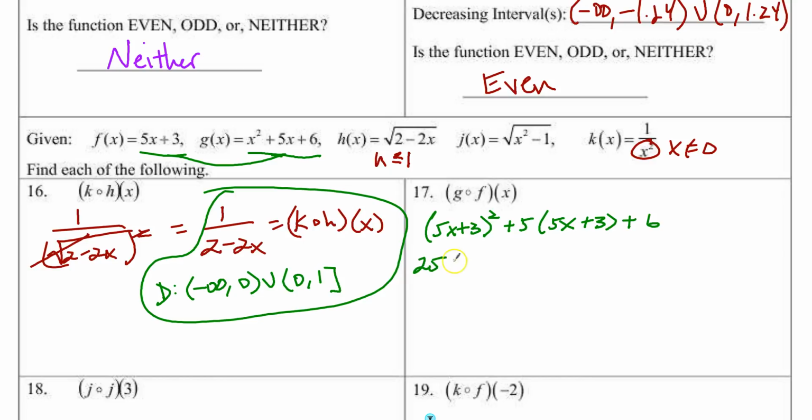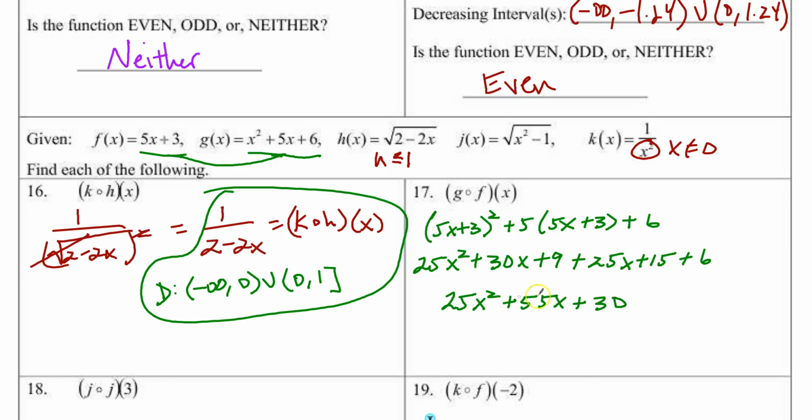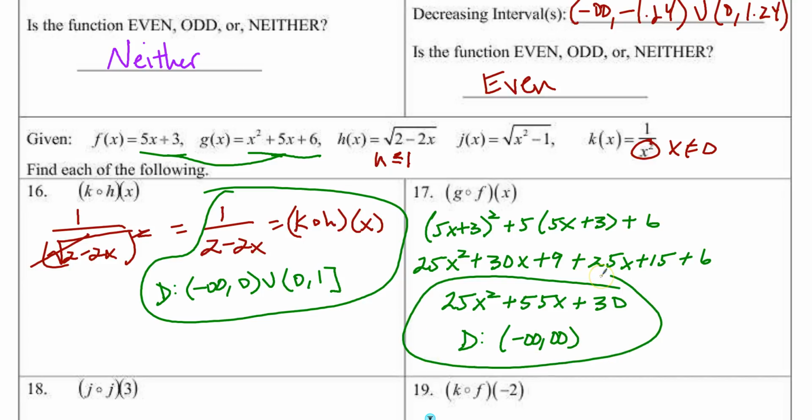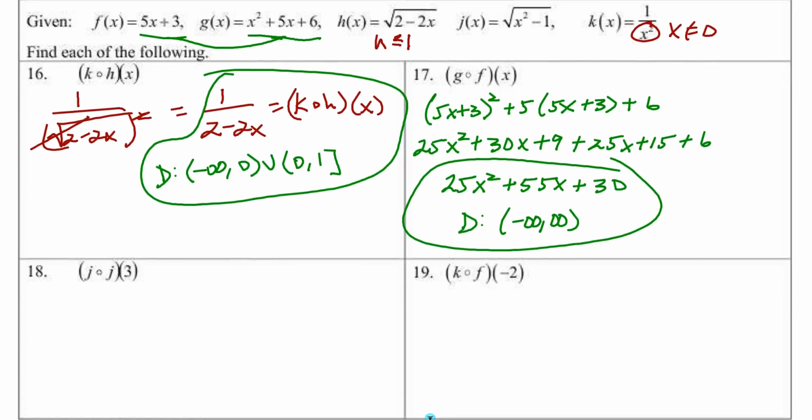I get 25x squared plus 30x plus 9 plus 25x plus 15 plus 6. Combine some like terms: 25x squared plus 55x plus 30. My domain is all real numbers. I didn't necessarily have to state it because it wasn't an issue, but I did anyway.